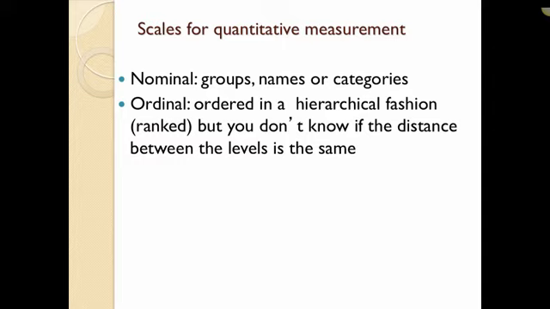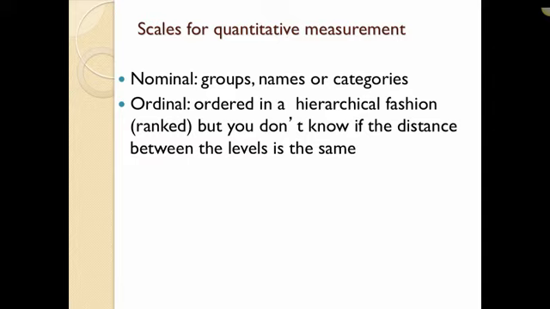So for instance, maybe you're doing a survey and you're interested in people's highest level of educational attainment. And so you decide to assign a 0 to those who don't have a high school degree, a 1 to those who have a high school degree, a 2 to those who have attended some college, and a 3 to those who have a college degree or more.